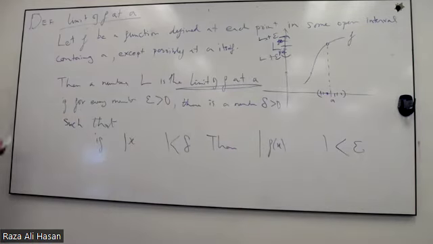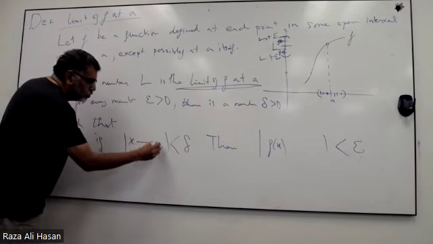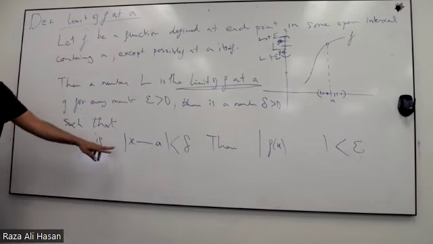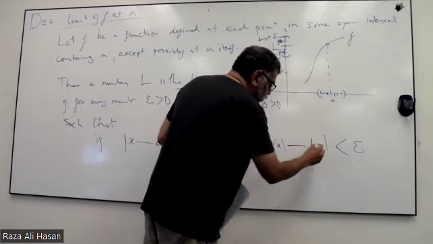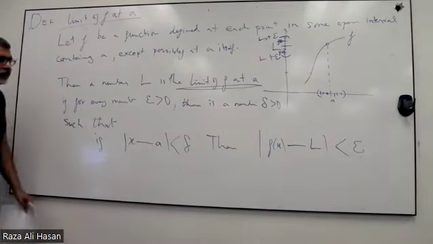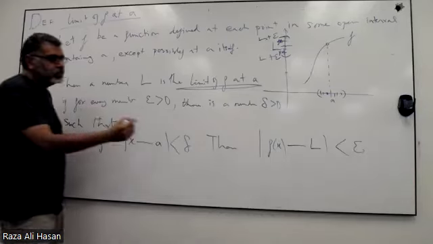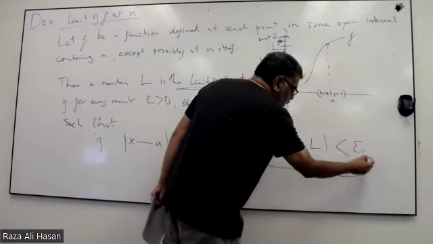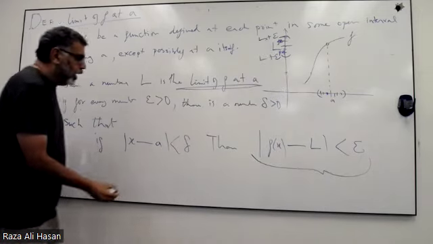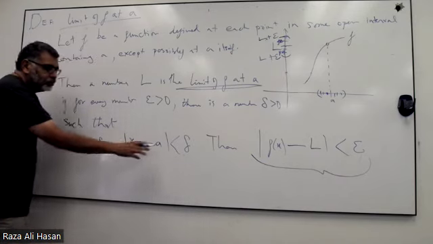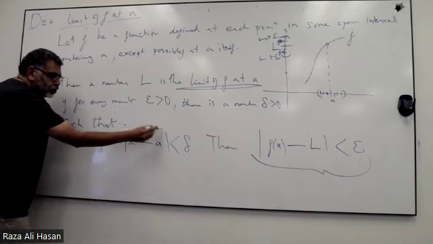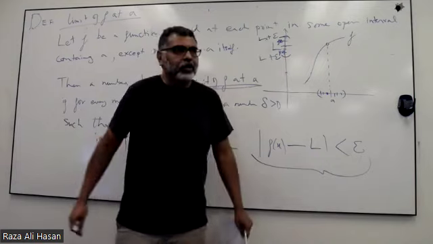What's going on here, folks? We have this situation. But in fact, what happens is this is what's given to us, and then we determine the delta. And then once we figure out the delta, then we assume this to be true and that.